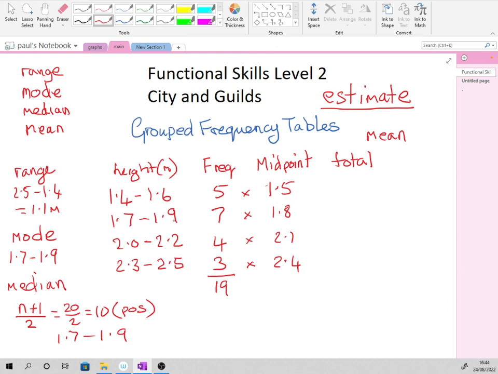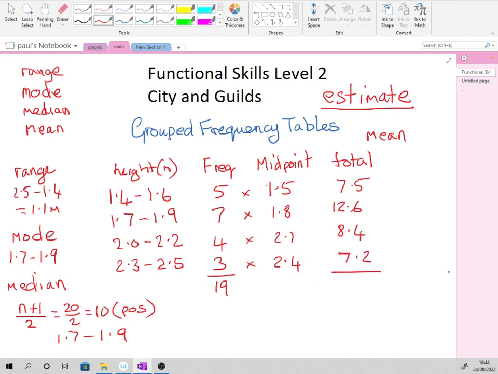So 5 times 1.5 is nothing because I pressed the wrong button. 5 times 1.5 is 7.5. 7 times 1.8 is 12.6. 4 times 2.1 is 8.4. Sure, I could do some of these in my head, but I'm not. 3 times 2.4 is 7.2.